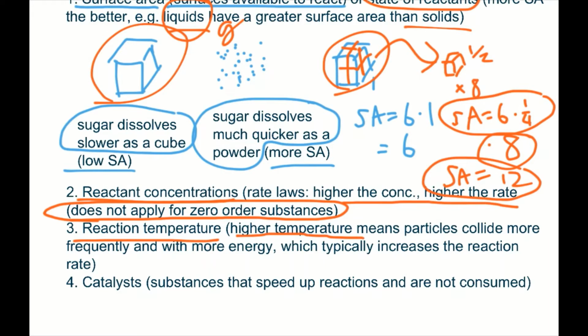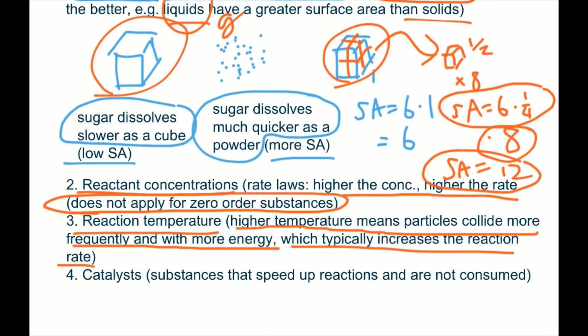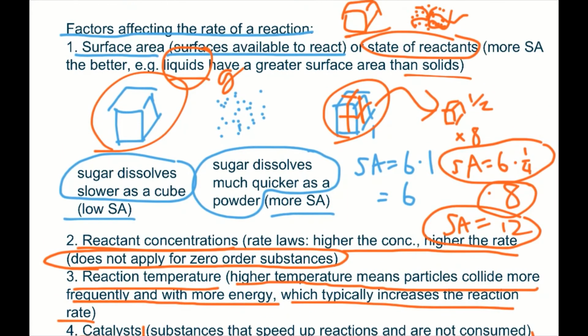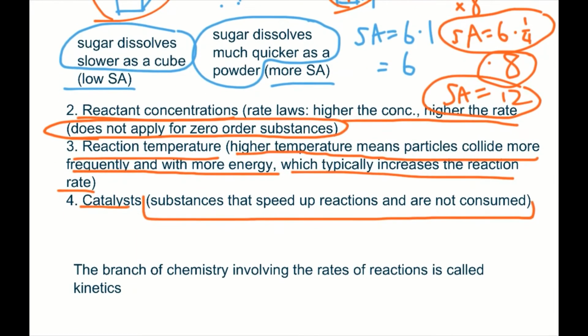A higher temperature means particles collide more frequently and with more energy, which typically increases the reaction rate. The fourth thing is the presence of catalysts. Catalysts are substances that speed up reactions and are not consumed. So these are 4 main factors that affect the rate of a reaction.